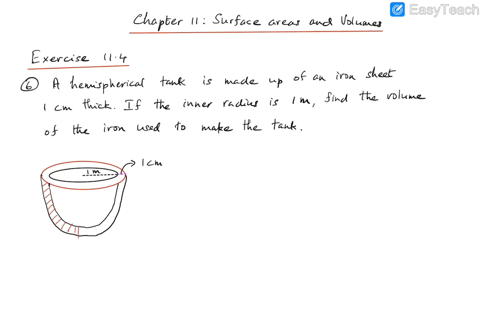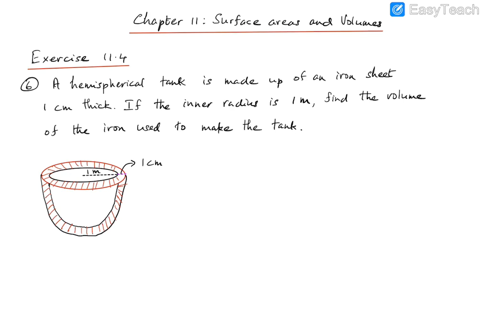So we have to find the volume of all this material that is used in making this particular tank. So how can we proceed with solving this particular problem? How can we calculate the volume of the iron that is used in making this hemispherical tank?